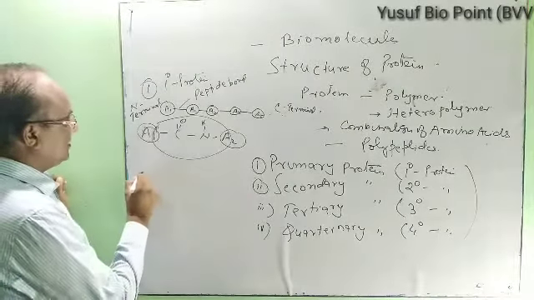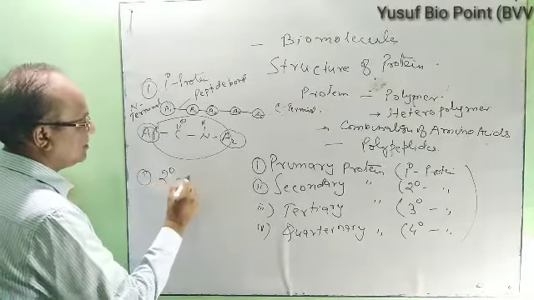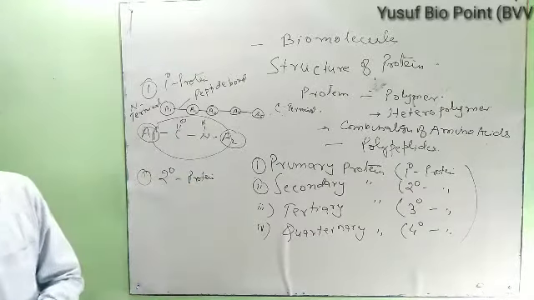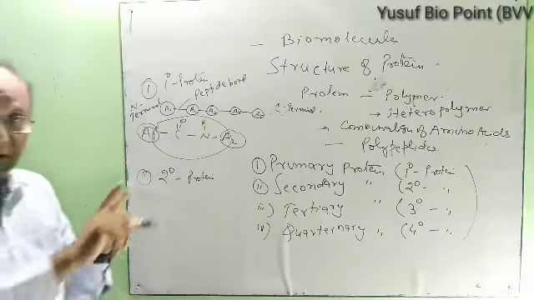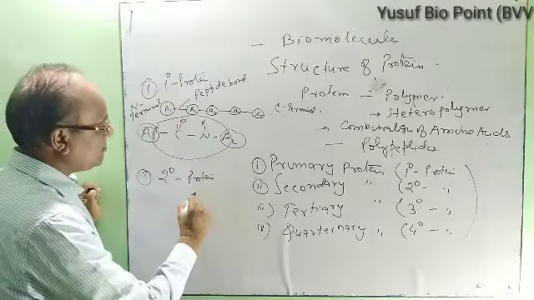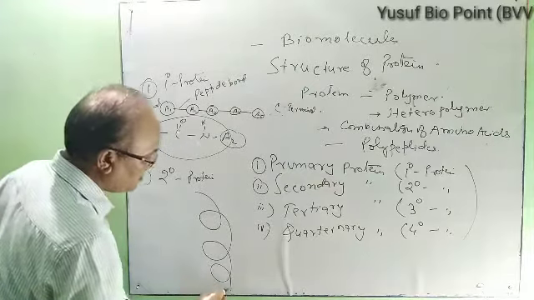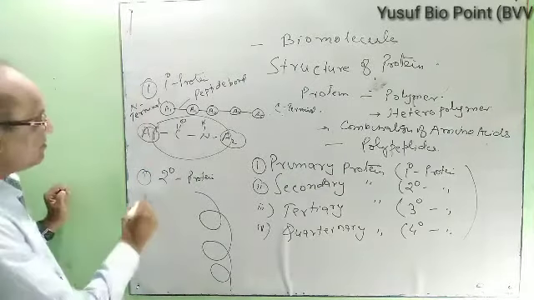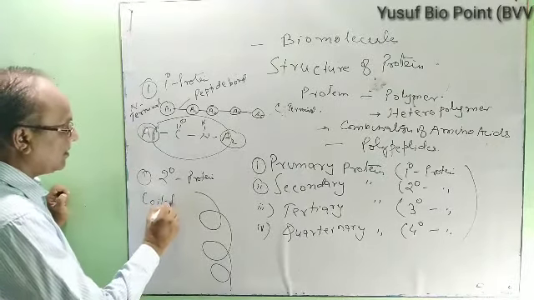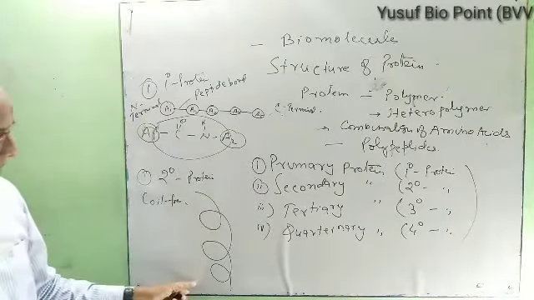Next one is secondary protein, in which amino acids are found in coiling forms. When they increase, they become a coil. They are found in the form of a coil.